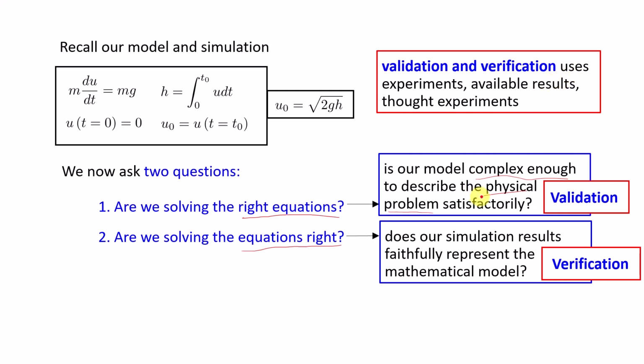First of all, if you are trying to validate your model, you want to see that the results the model is giving match with actual physical phenomena, which are experiments. We can also try with available results that may be experimental or simulation, but results which are already accepted by the community, and see if our model is giving similar results. And also thought experiments: we can simply think about whether our model is right or wrong.